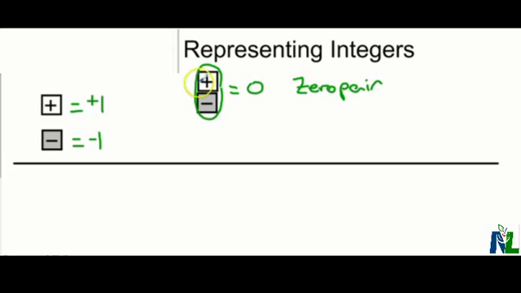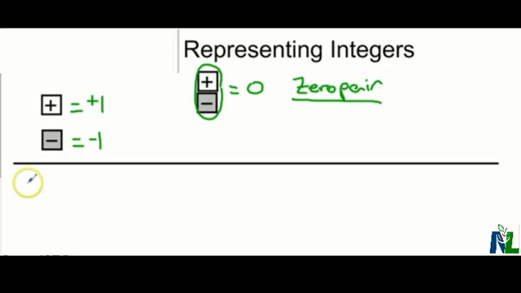And if you want to think about it, it's like me giving you $1 and then right away taking that dollar away. What have I left you with? I left you with basically 0. So anytime you have an equal number of positive and negative, as you see in this case, each set of them would be called a zero pair.